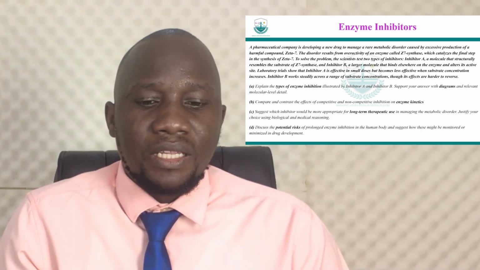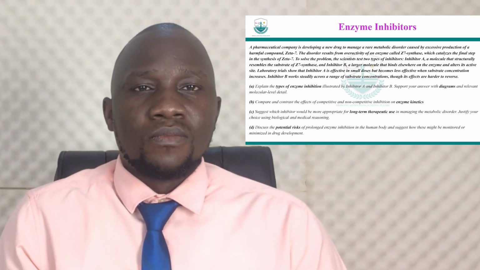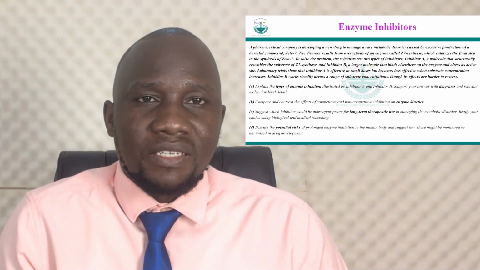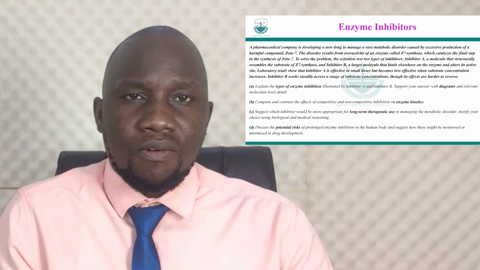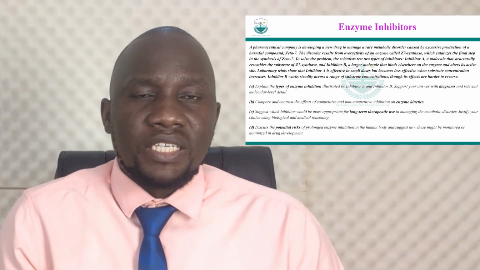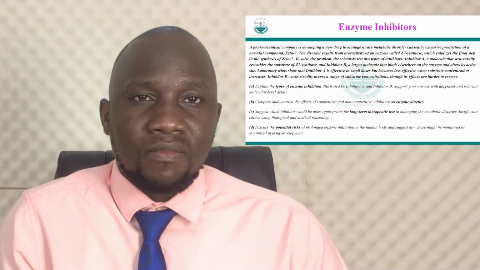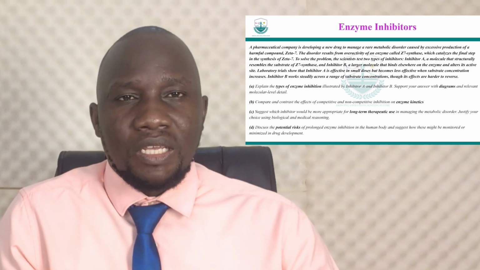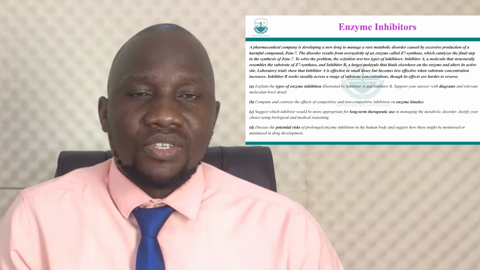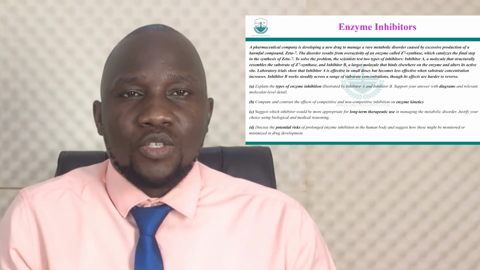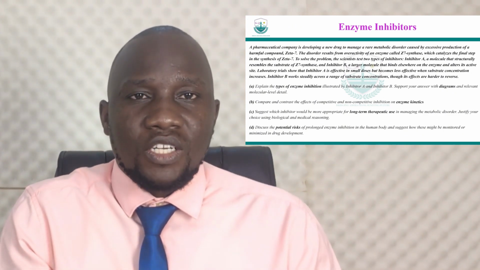So the interpretation is that if you increase the concentration of the substrate for competitive inhibitors, the rate of inhibition decreases, because the inhibitor is no longer binding to the active site, since the active site is now occupied by the substrates which are in a higher concentration.